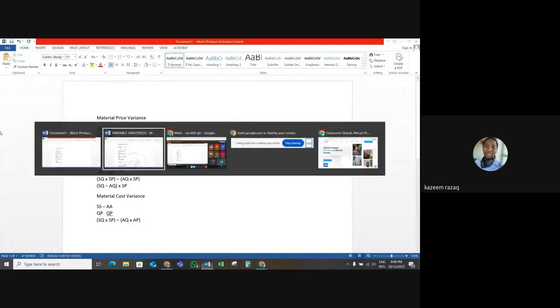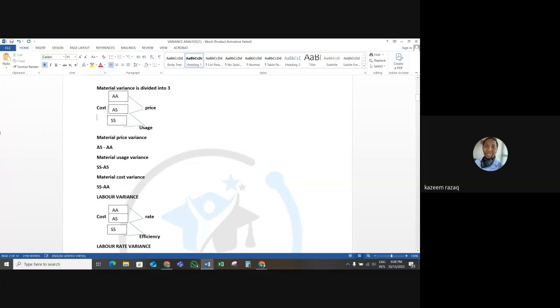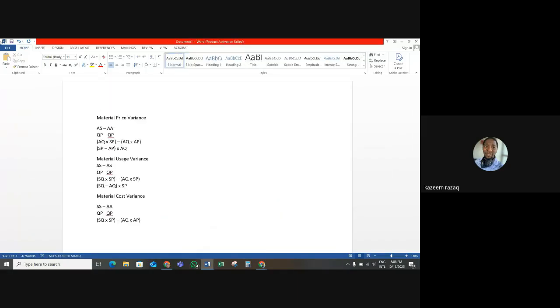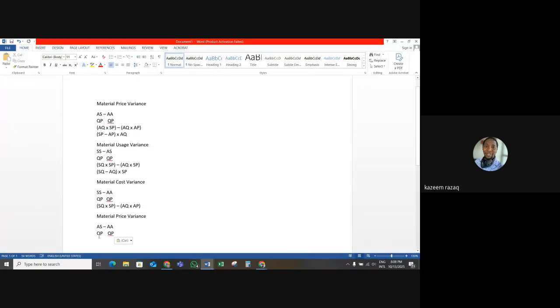All right. Now, the same thing applies to labor. You can see we still have AA, AS and SS. But instead of price and quantity, for labor we have labor rate variance.